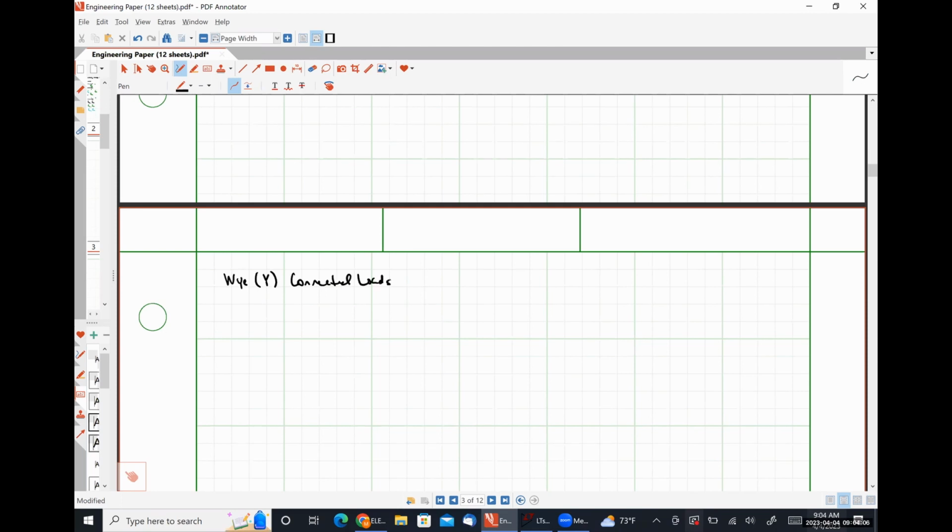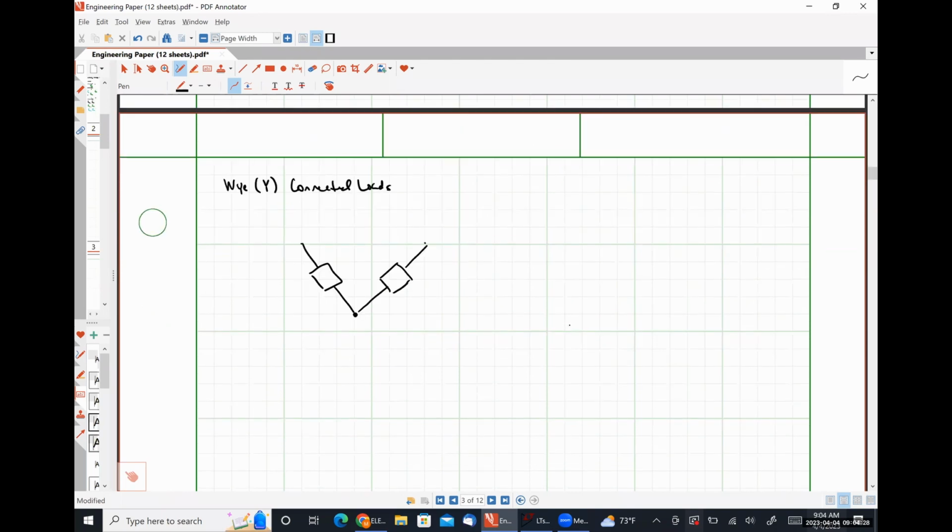So much like before, we have this central point that is going to be our neutral connection. I'm going to refer all my terminals over to the left-hand side. So this is going to be my B terminal.